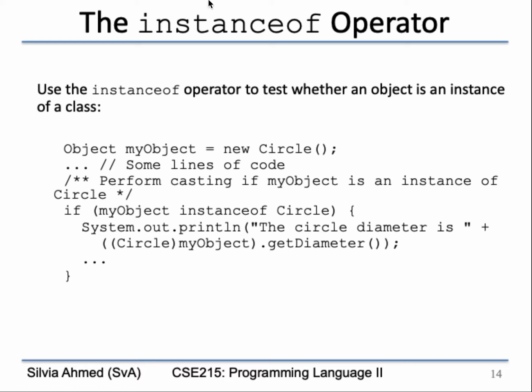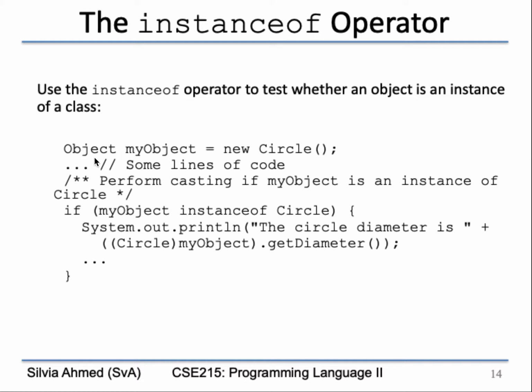We can do this with the instanceof operator, which is a Java keyword. Use the instanceof operator to test whether an object is an instance of a class. Here we are creating this object, myObject = new Circle.